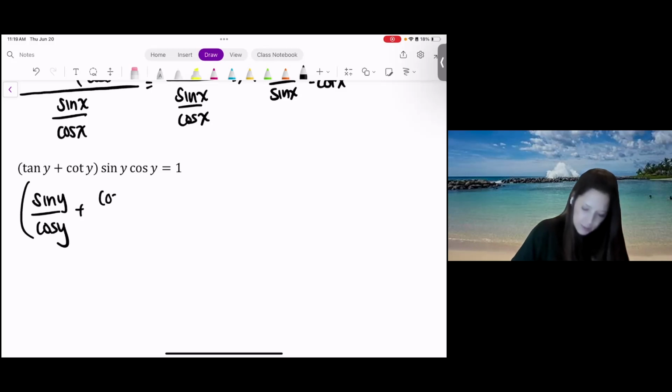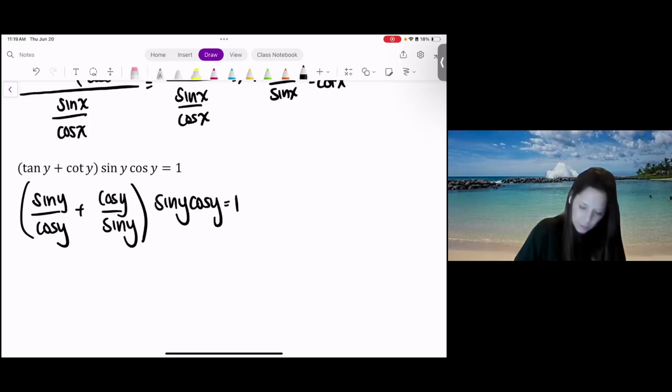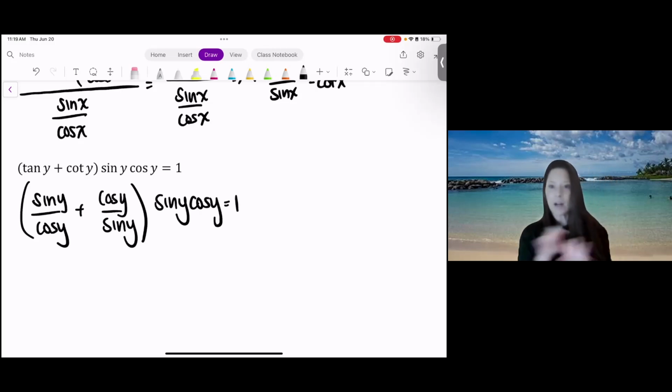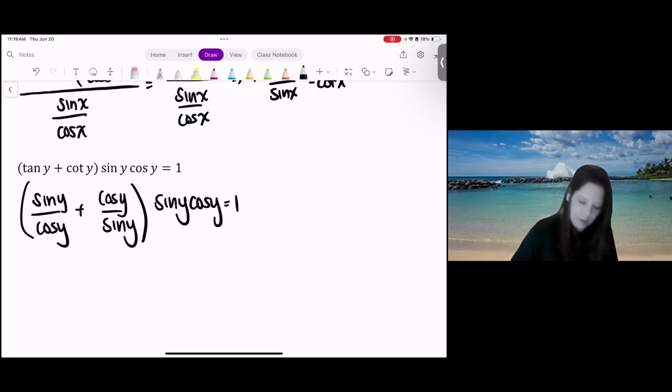Cotangent is cosine of y over sine of y, times sine y cosine y, equals 1. I'm going to find a common denominator. I'm going to multiply both of these to get the denominator to be cosine y sine y. Actually, I'm going to rewrite it as sine y cosine y. That means I need to multiply the first fraction by sine y over sine y and the second fraction by cosine y over cosine y.